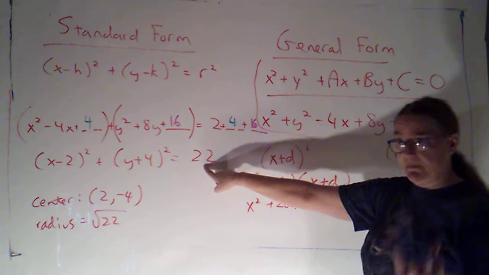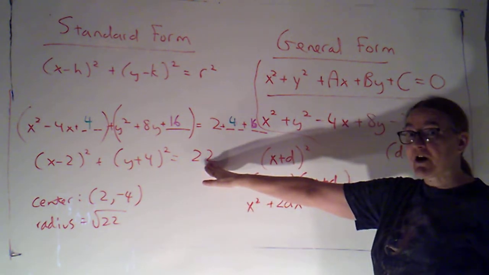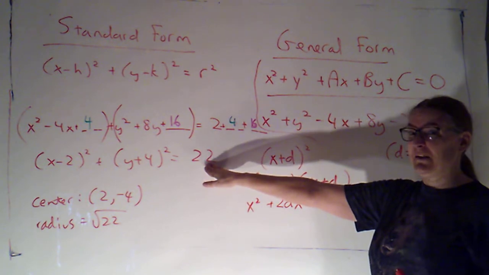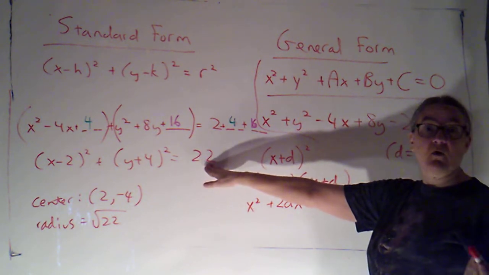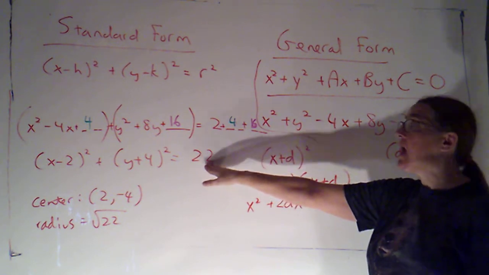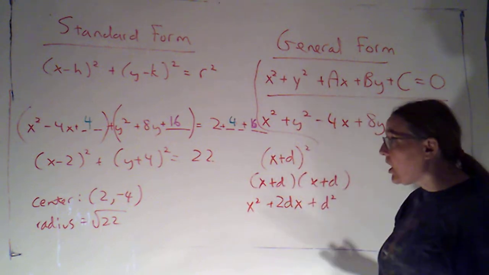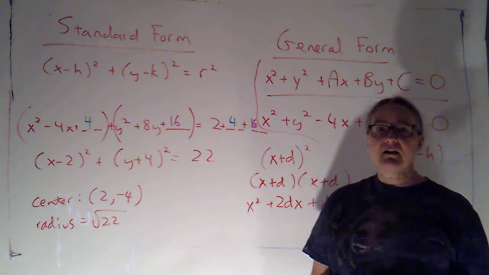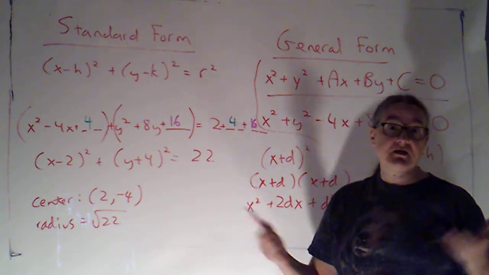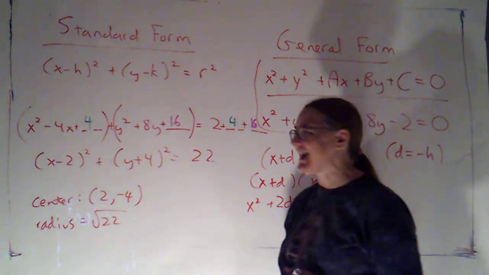And so something could go wrong. I could complete the square and I could get 0 or a negative here. There's no way 0 or a negative could be my radius squared. Okay. So that's what we'll take a look at in the next video, what can go wrong if you complete the square. You still get an equation, you just get an equation that doesn't represent a circle. So we'll take a look at that in the next video.